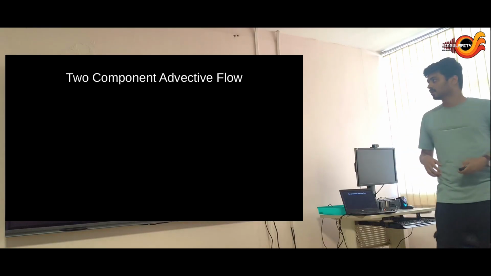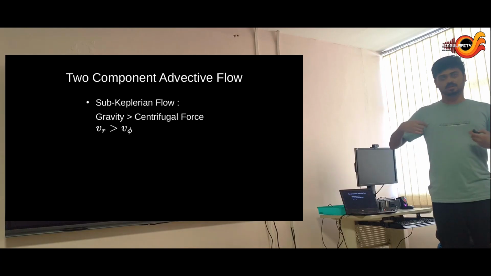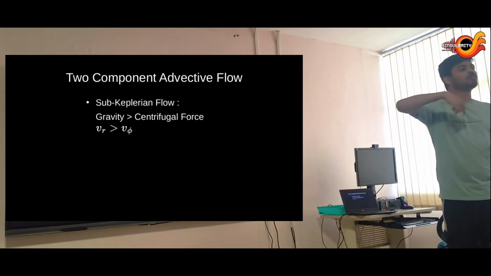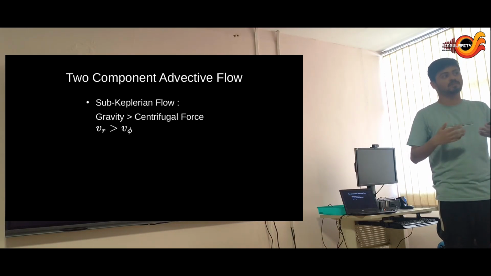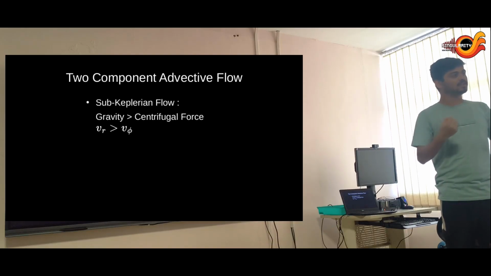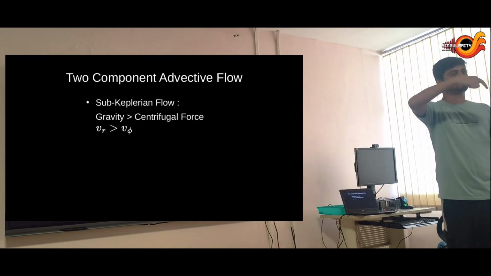So when I said matter is coming with a high angular momentum, it can happen that matter does not have high angular momentum at some radius, but the gravitational force is dominating over the angular momentum. What do I mean by high angular momentum? There is a high theta velocity.